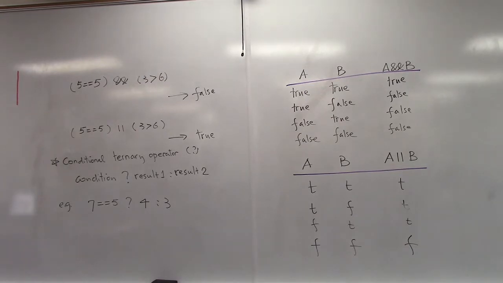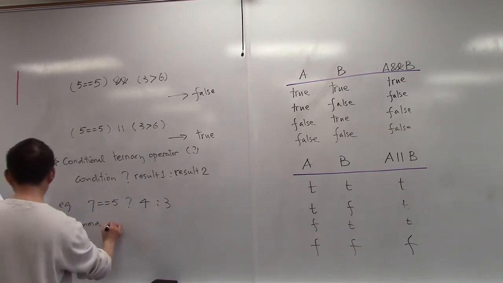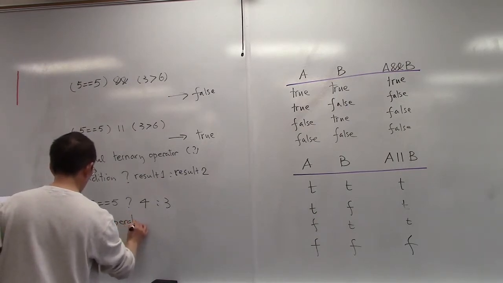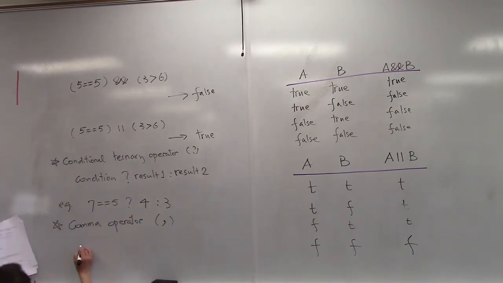And there's also the comma operator. Yeah, it kind of gets complicated. Comma operator, which is this. Okay, A is equal to B equals 3, comma B plus 2.